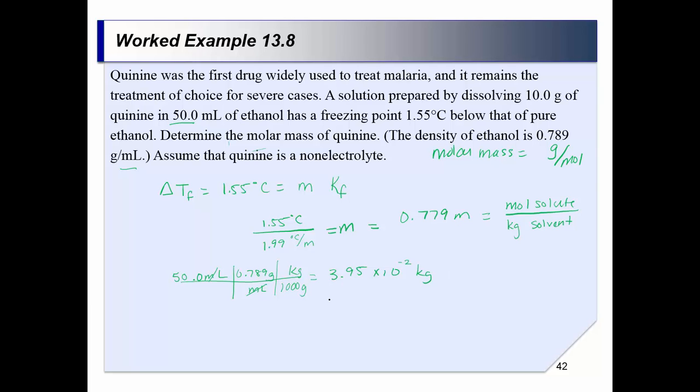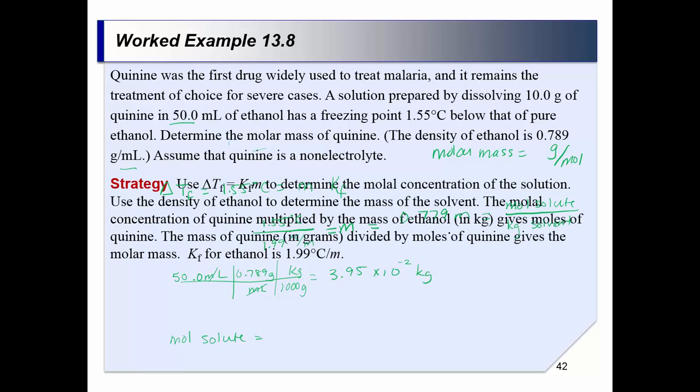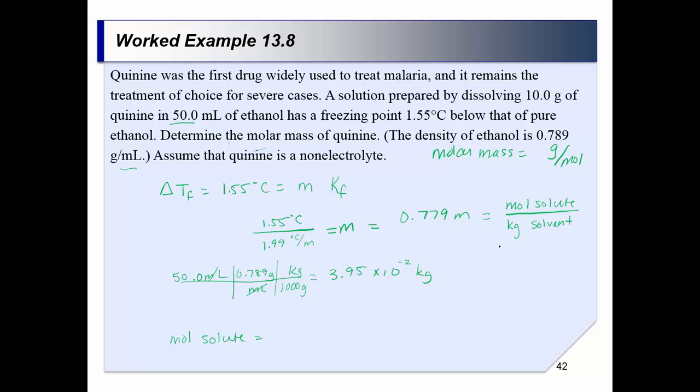So now I can say that my moles of solute, if I rearrange that equation here, will be 0.779 molal units multiplied by, not divided by, multiplied by the kilograms of my solvent, 3.95 times 10 to the negative 2 kilograms. Because what I'm doing is taking this equation and multiplying both sides by kilograms of solvent in order to get my moles of solute alone.